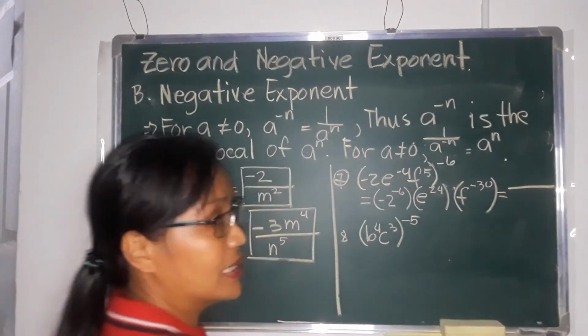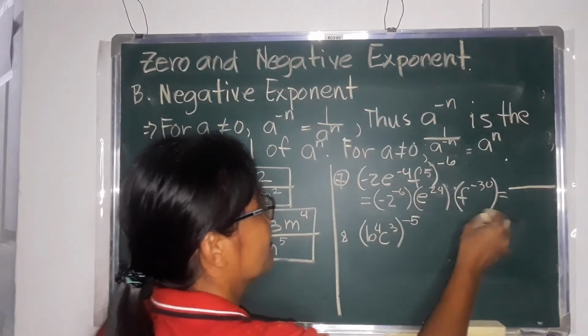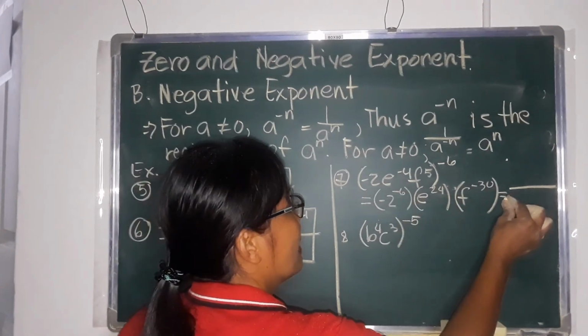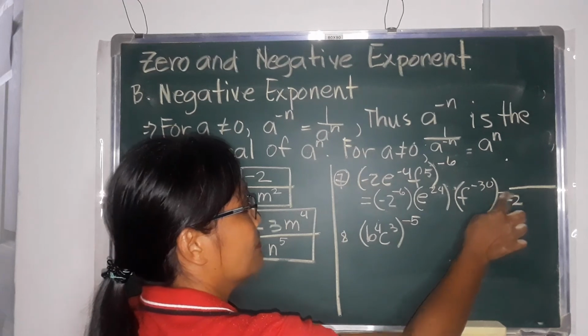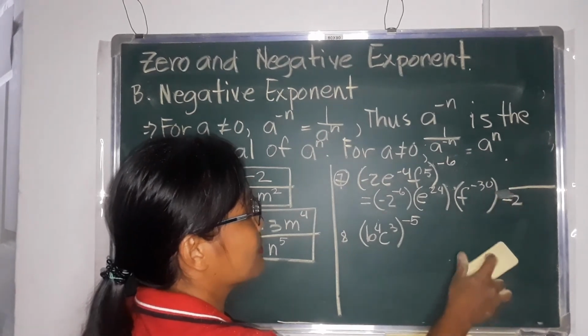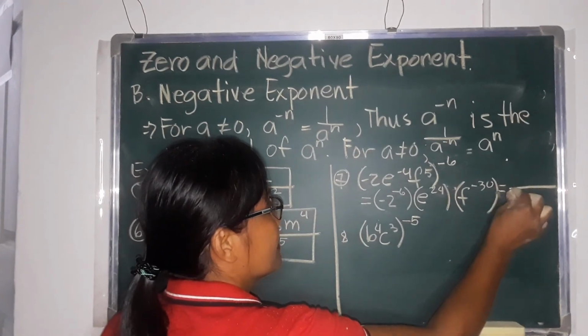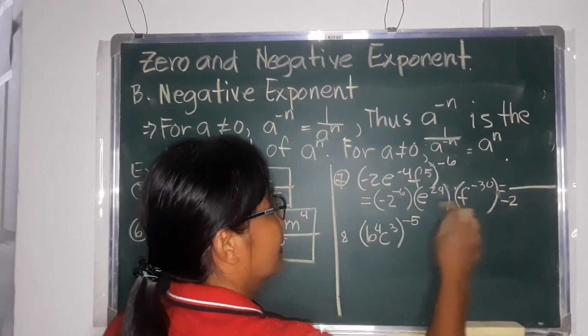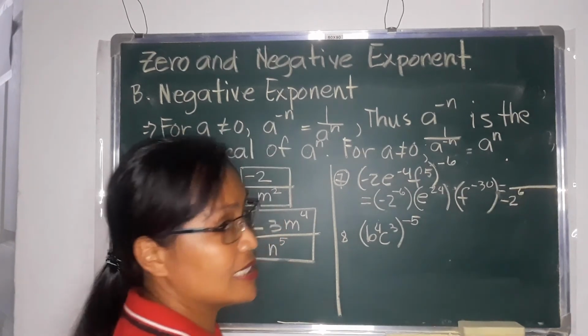Let's put a per line. So since the exponent is negative, let's move to the denominator. So negative 2. Don't forget to copy the negative sign because negative exponent and negative base are different. Okay? So negative 2, and then the negative sign on the power, on 6, will be removed.